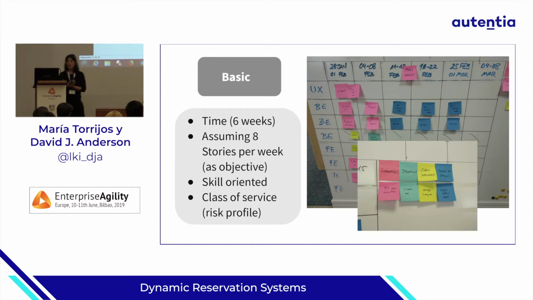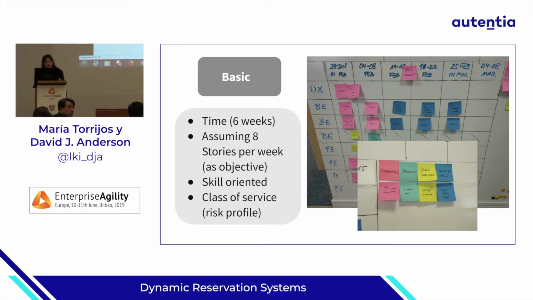That was the board we used to have at eDreams. You can see here some dimensions, such as time on top and the internal dependencies on the left. It was quite skill oriented, and the class of service was based on risk profiling.